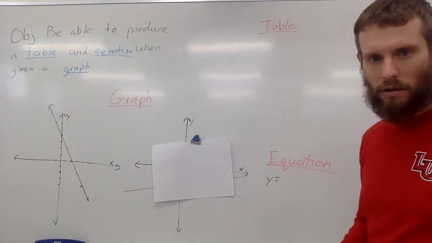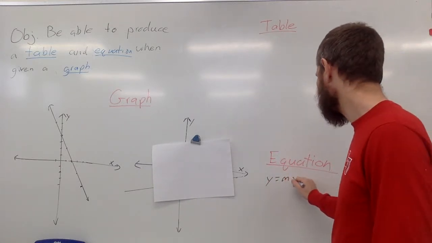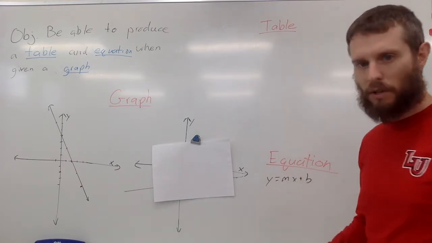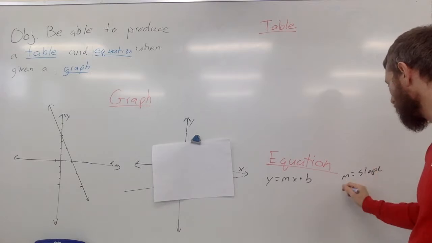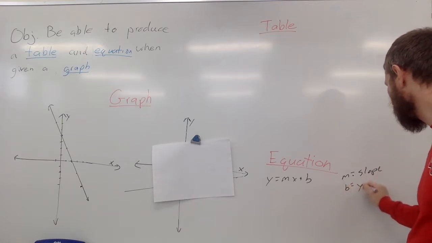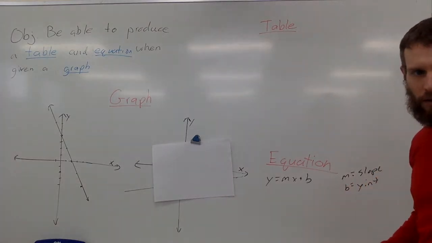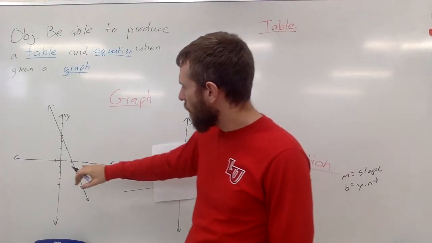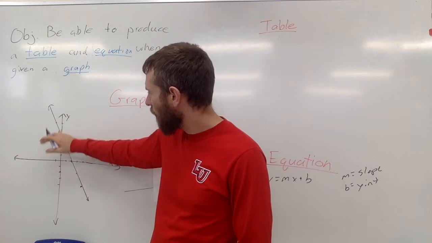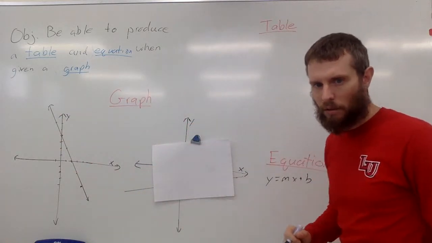The equation is going to be in y equals mx plus b format, where m is the slope and b is the y-intercept. If I look at this graph, I can see that the y-intercept is 1, 2, 3, 4: (0, 4).